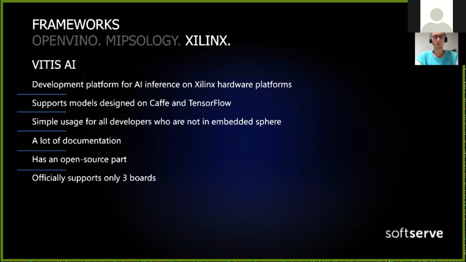Vitis AI is a platform that is known from 2019, and it is a development platform for AI inference on Xilinx hardware platforms. And also, as far as we have Xilinx boards in the cloud, we can run it in the cloud and on the FPGA.